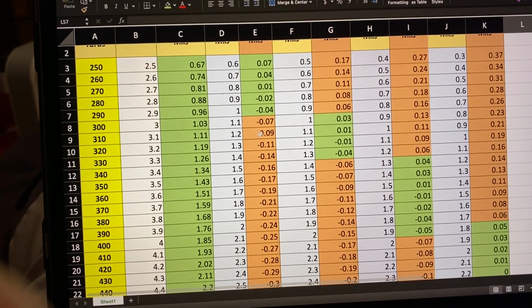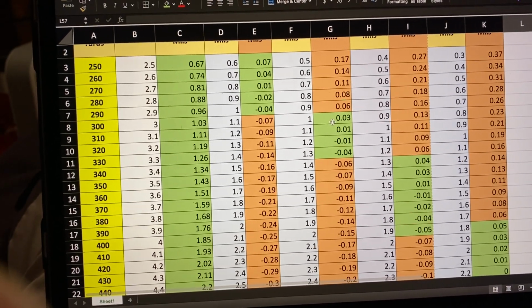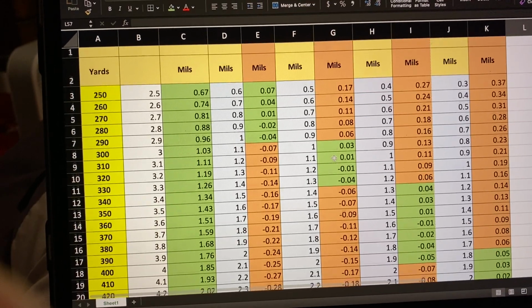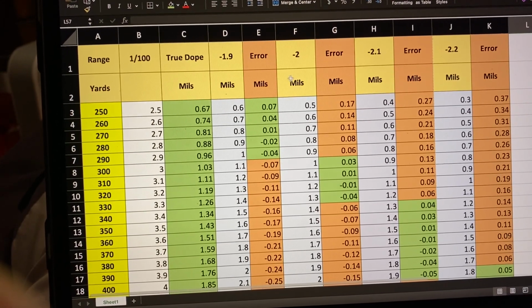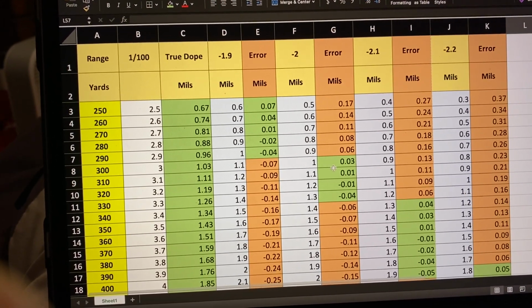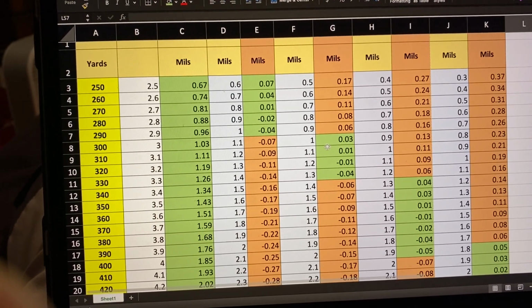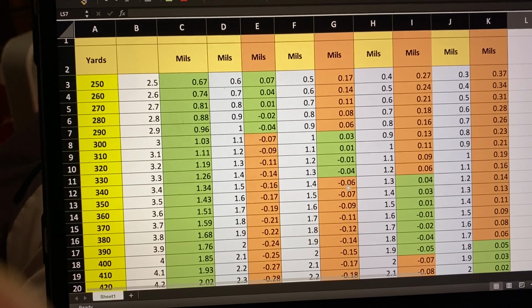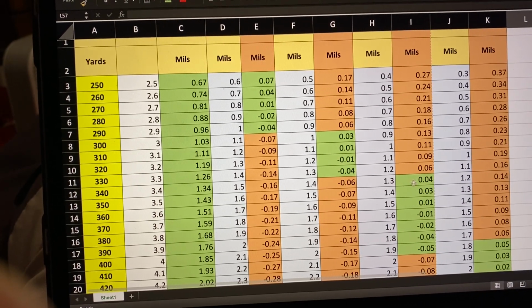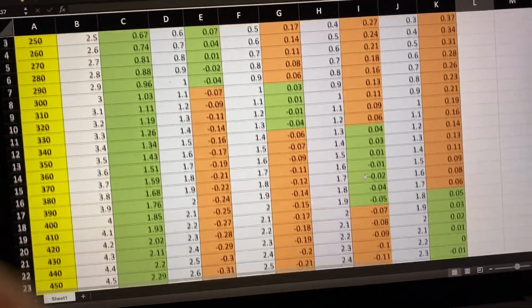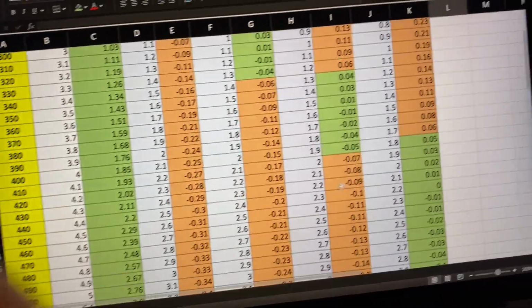From 300, that's what these green boxes are, 300 to 330, which isn't very wide, I subtract 2, less than 1 mil of error. From one to the next, I just carried it over so I can switch numbers. But in all these areas, they're all less than 1 mil.